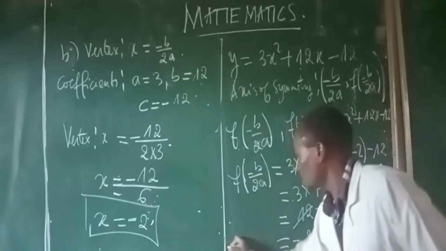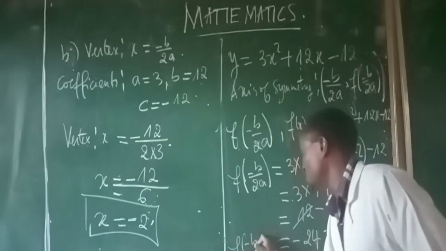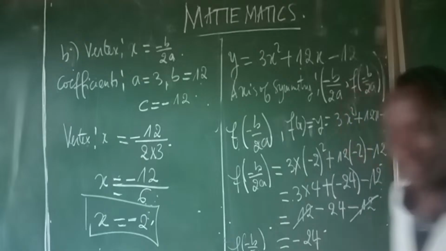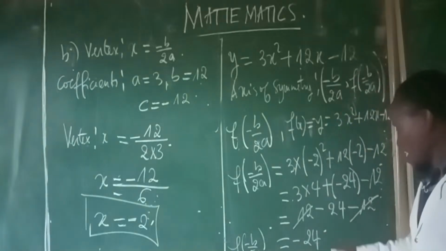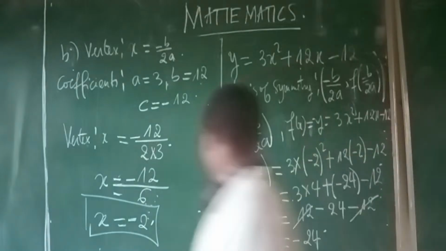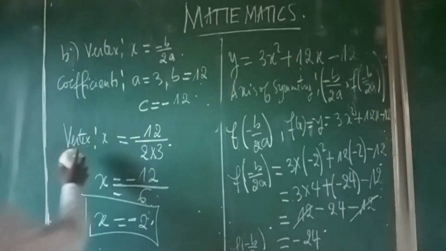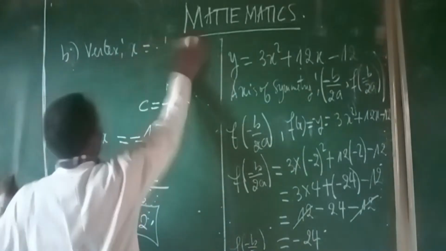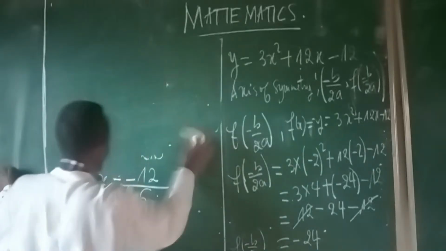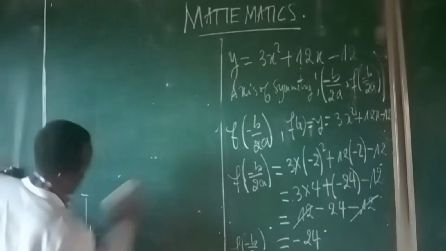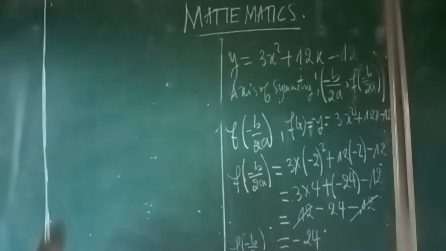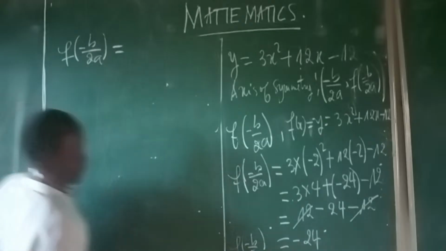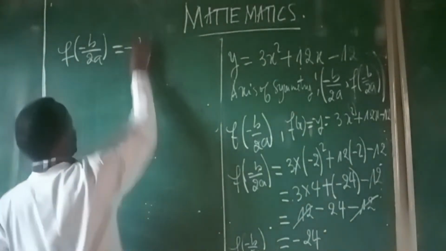This is what we call our f of minus b over 2a. Are we together? I see it is not clear. Let me write our last one there. Our last one, f of minus b over 2a, will be minus 24.